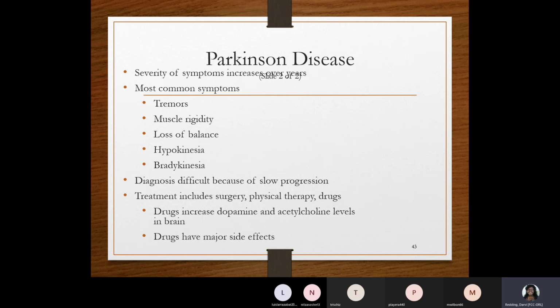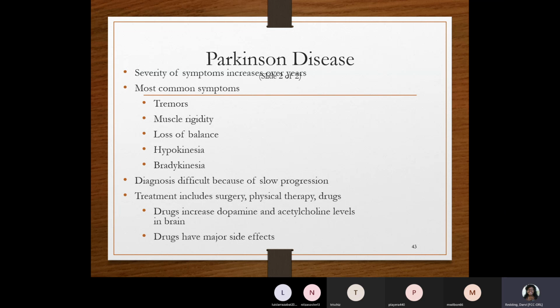So you hear me talking about bradykinesia. Basically, it's known for a combination of tremor, rigidity, and postural instability.